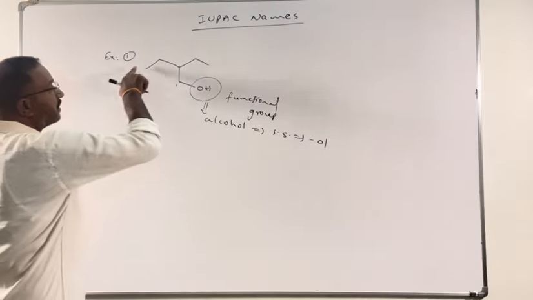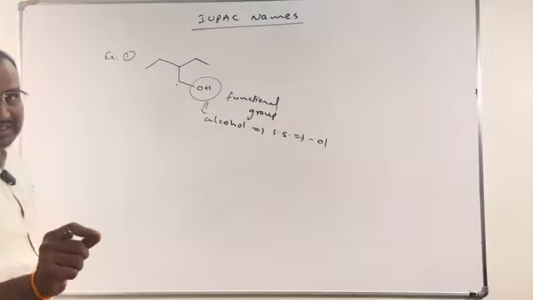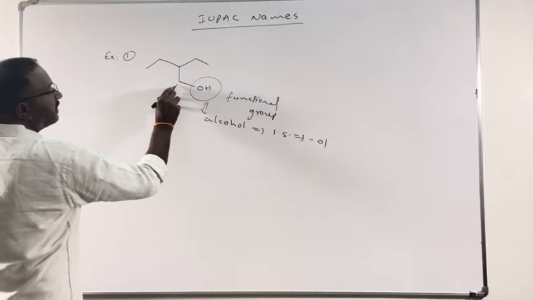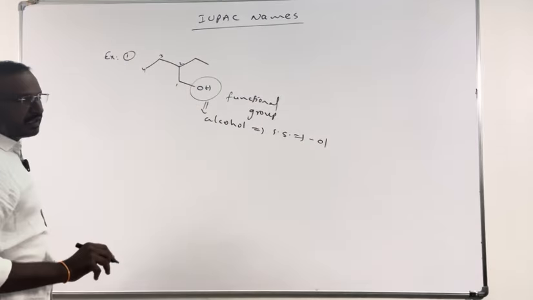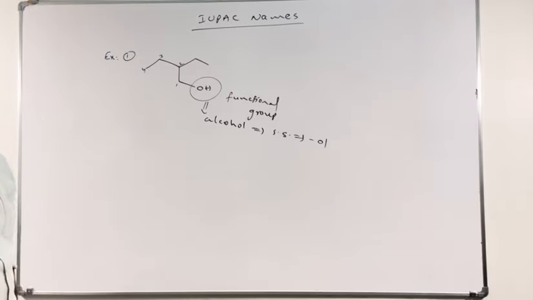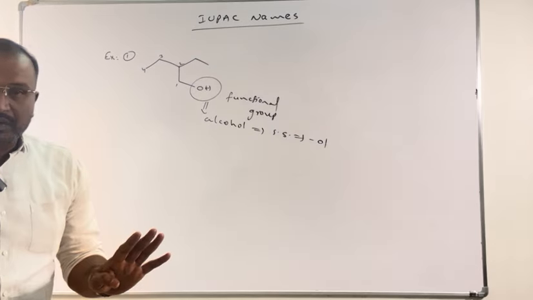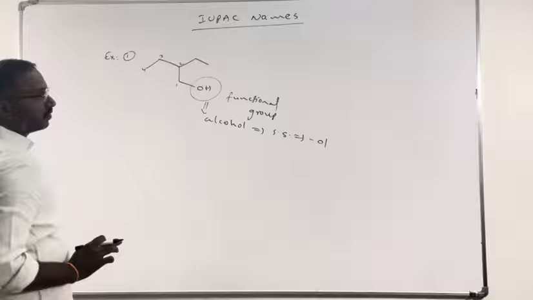Wherever we have the functional group, from that side we have to write the numbering. If you number like this, we have 1, 2, 3, 4. This side also, we have 3, 4. It means the root word has 4 carbons and the functional group is there.